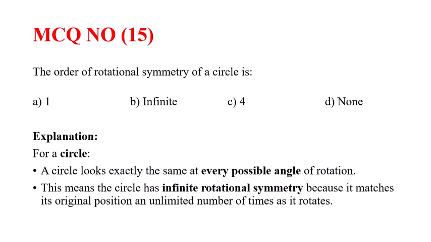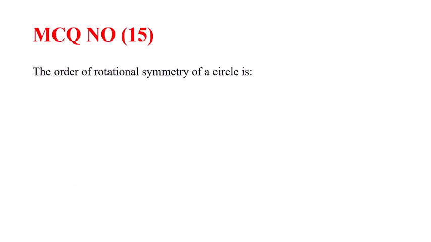This means the circle has infinite rotational symmetry because it matches its original position an unlimited number of times as it rotates. So for MCQs number 15, the final answer is B is correct, that is equal to infinite.